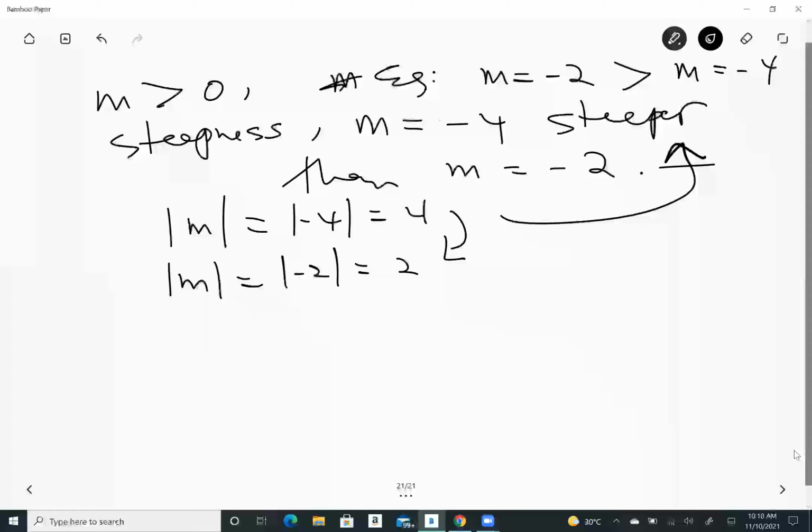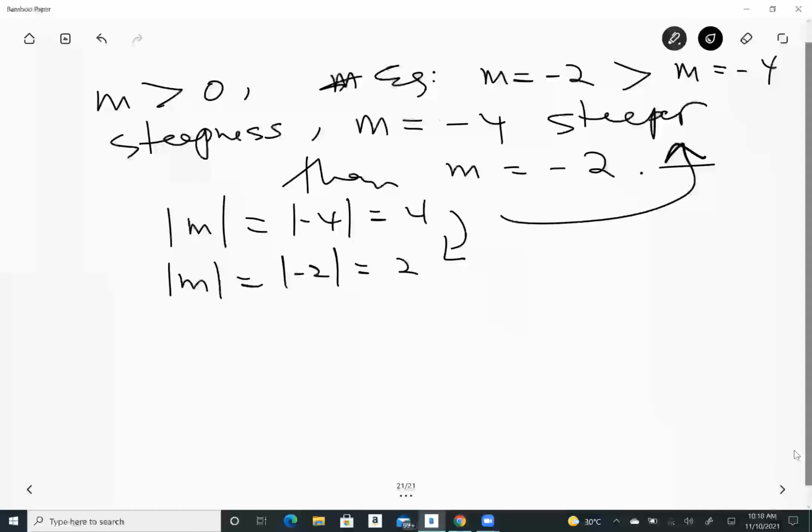So for positive m, no problem. It's straightforward. But for negative, one way to look at it is just look at the absolute value. You disregard the negative sign, because if you look at negative numbers, the smaller the number, the higher the value.